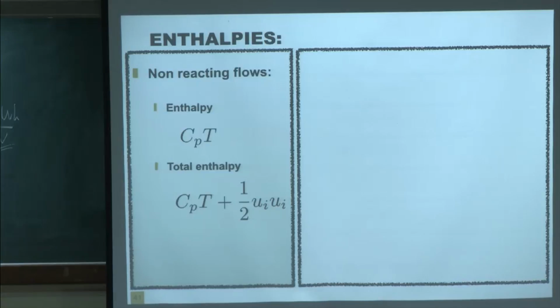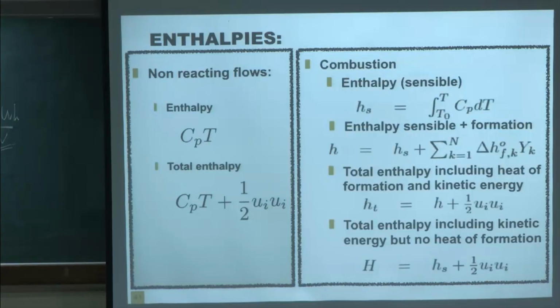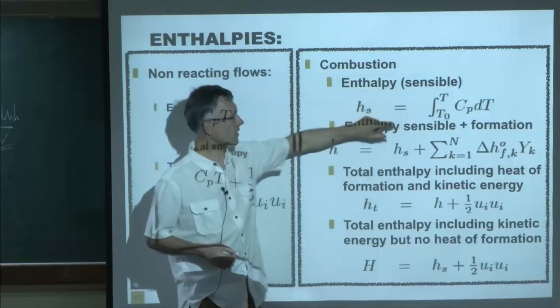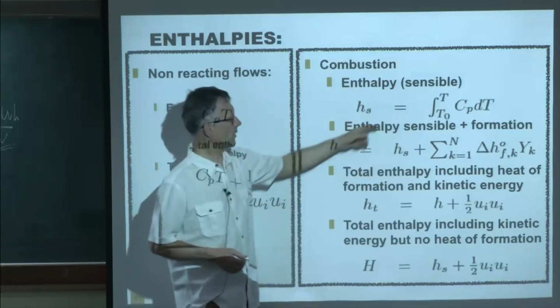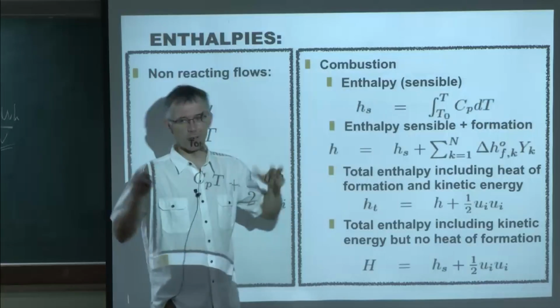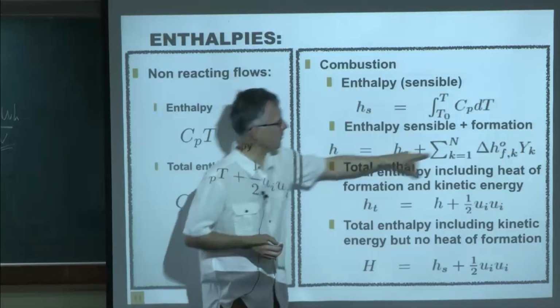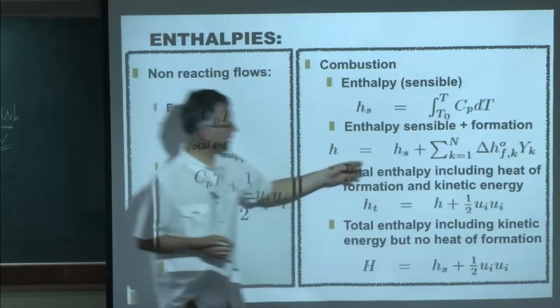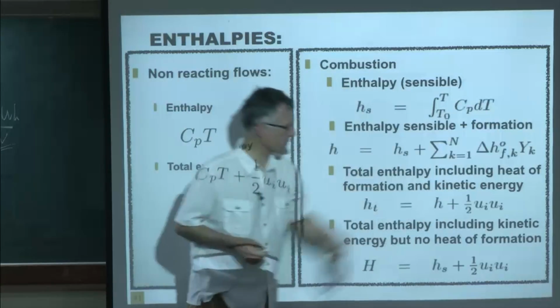Now, in combustion, it's a bit more complicated because you have many energies, or many enthalpies. If you start with the sensible enthalpy, which has only the temperature in, you can add then what we call a total enthalpy, where you do the same thing, but you add the formation enthalpies if you have reaction. And then you can also add the kinetic energy.